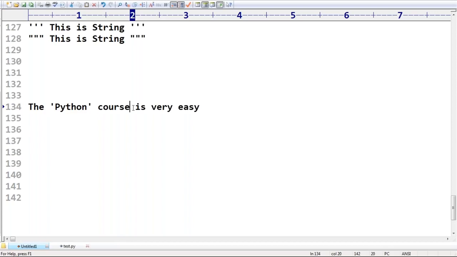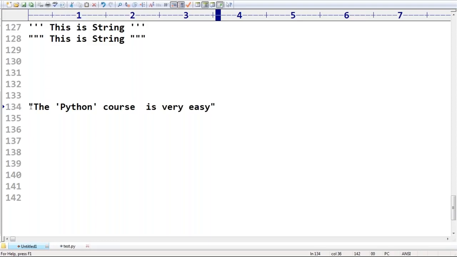I will take up to this, and I want to print this one. What is the way? Very simple. If you want to print like this, better to enclose within double quotes.